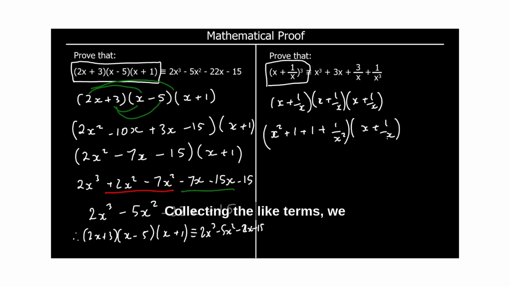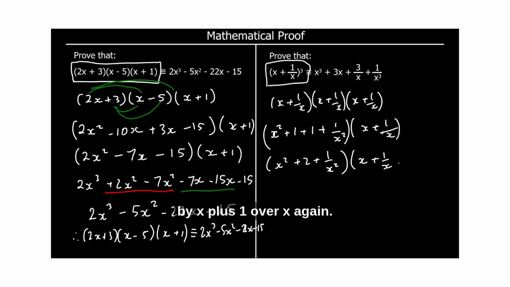Collecting the like terms, we have x squared plus 2 plus 1 over x squared times x plus 1 over x again. Expand and simplify again.